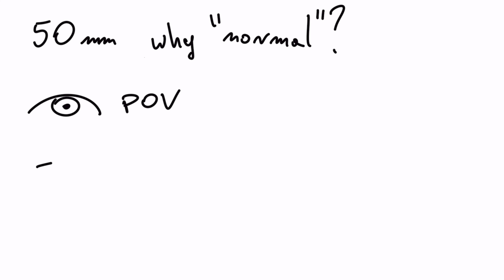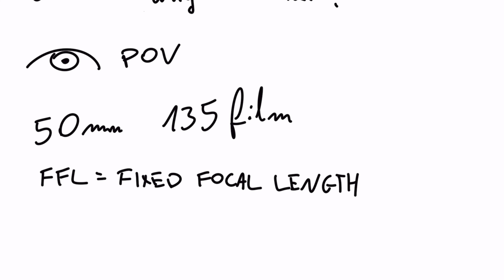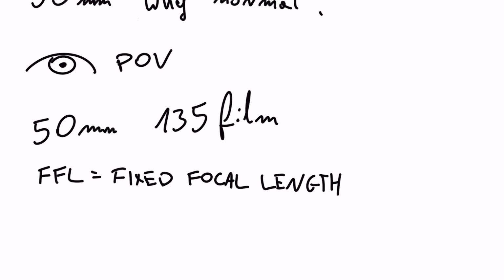But the 50 millimeter isn't always exactly like your point of view. This is in specific circumstances, with 50 millimeter and 135 film, so small frame film, and a 50 millimeter lens, which is usually also a fixed focal length, so you cannot zoom on it. It also takes into consideration specific circumstances.